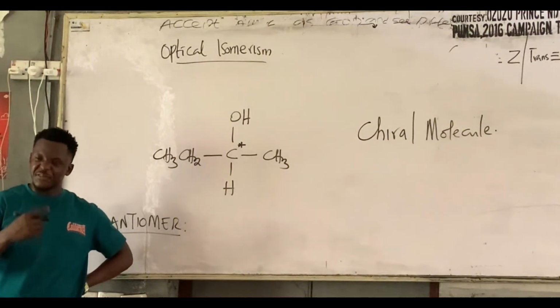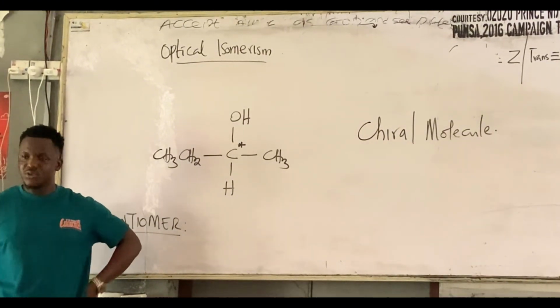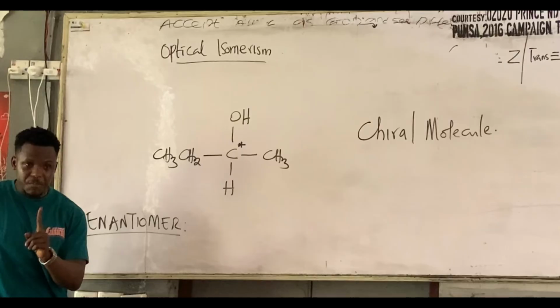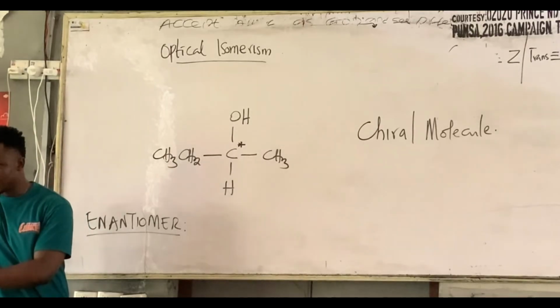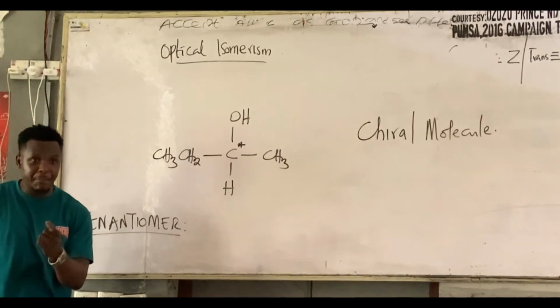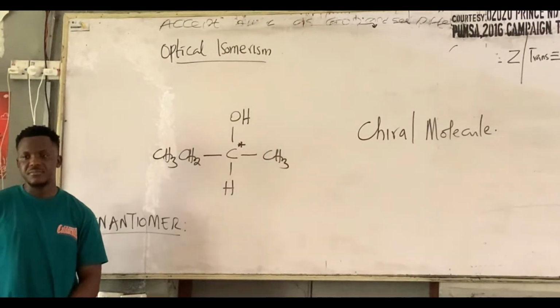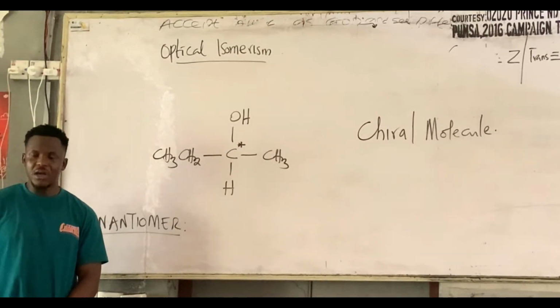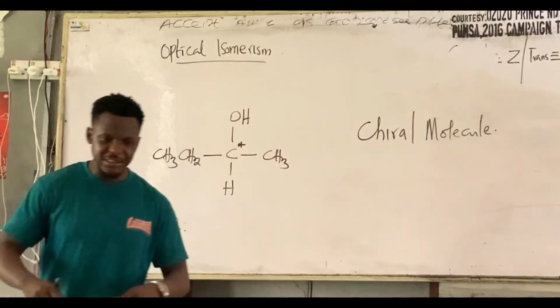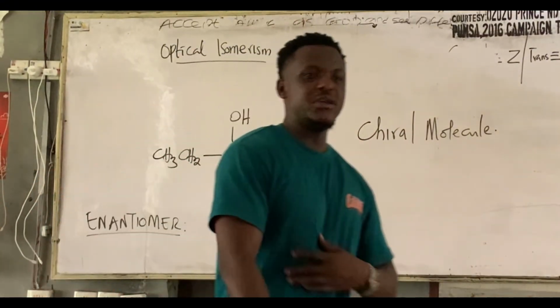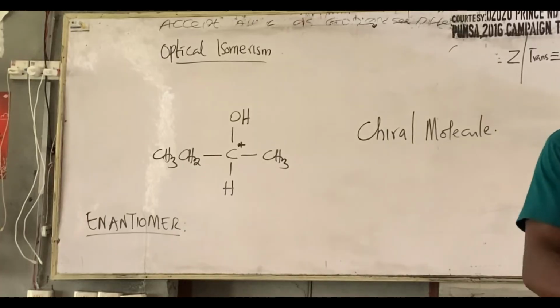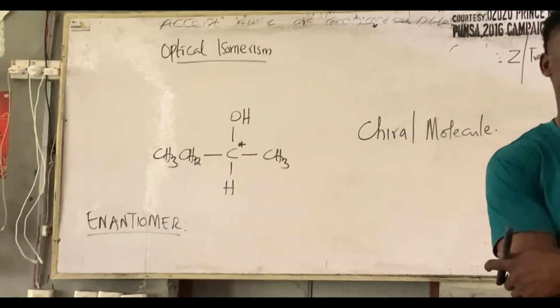I want one person to redefine this for me. The chiral molecule and its mirror image constitute a pair known as enantiomer. So now I want somebody to redefine this for me. I just gave us this to help us understand it from the basics.